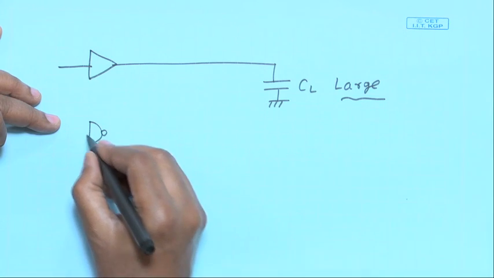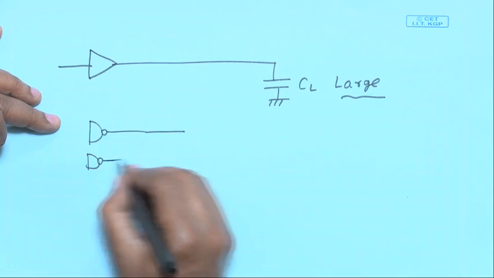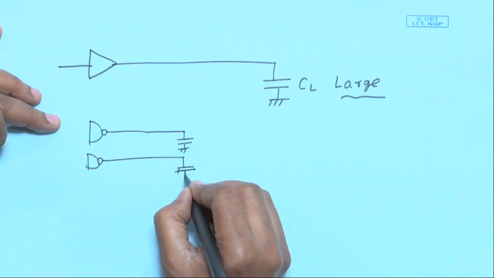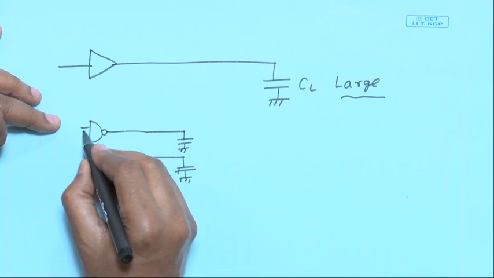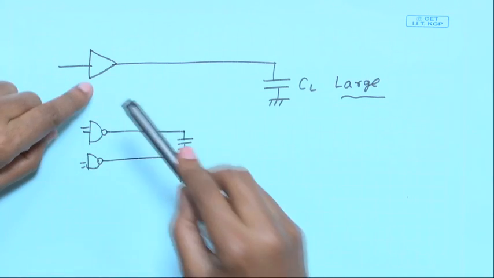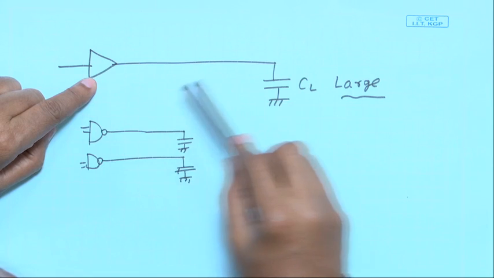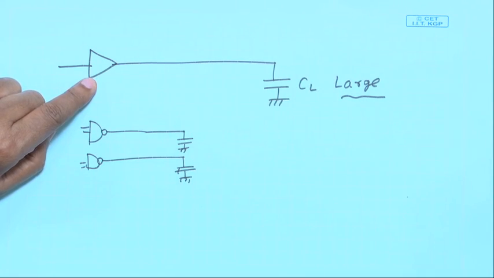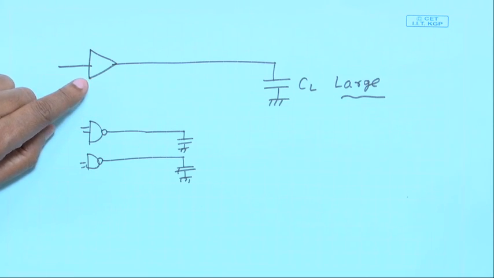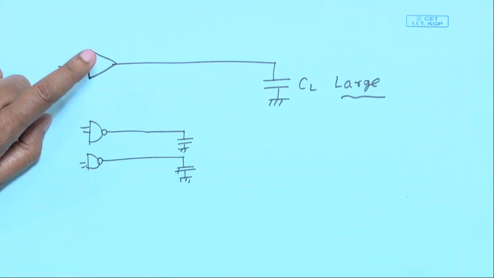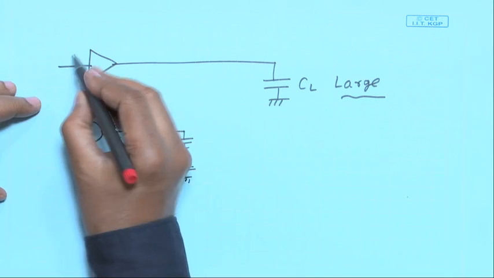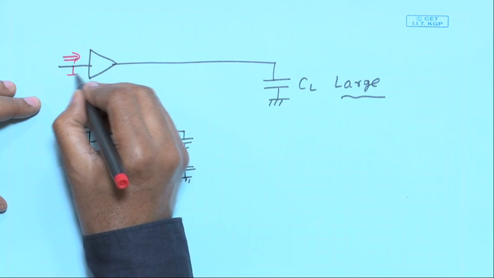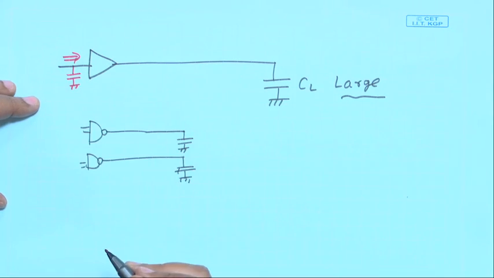By cloning we are sharing the load. Some part of the load we are sharing here, some part here, dividing it up. So use of a buffer can be better in cases where you are driving somewhere the load capacitance is very large, because the advantage of buffering is that at the input side you are not increasing the fan out; this capacitance remains the minimum capacitance.